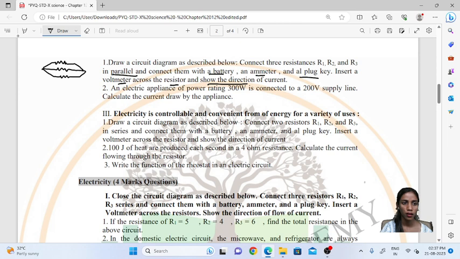Okay. Now I will leave this here and I'll draw the cell, the battery. Okay, this is the plus, positive, this is the negative. Here we have the key. Okay. Over here we have the ammeter.